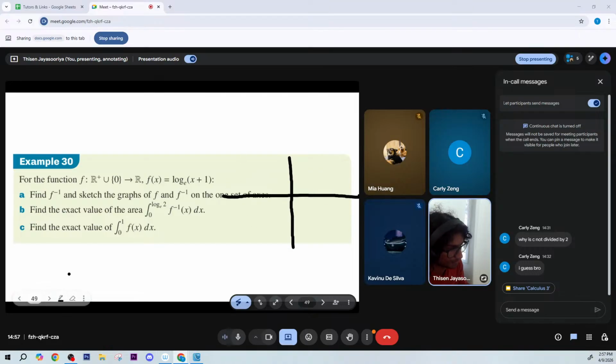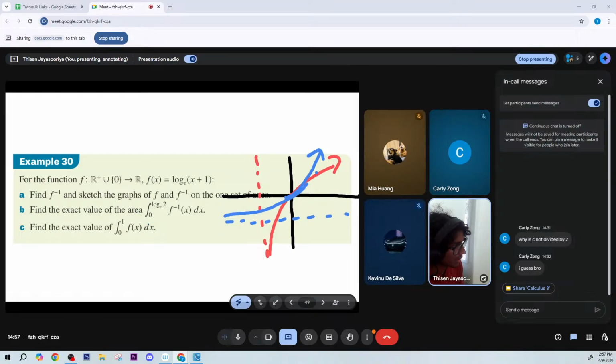I'll label the asymptotes like this. This is the ln one. And here is the e one.